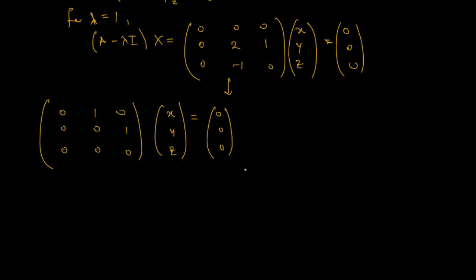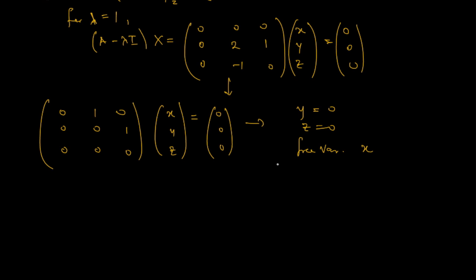Writing this in equation format, we have 1 times y, that's y equals 0, and 1 times z, that is z equals 0. We do not have x appearing anywhere, so that implies our free variable is x.